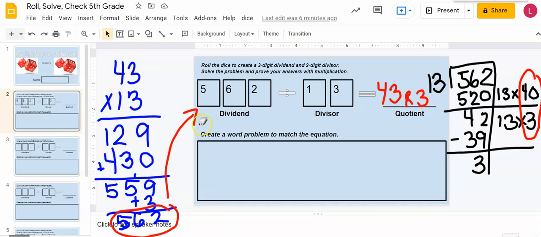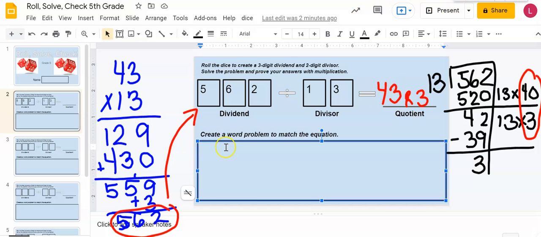So now we're going to create a word problem. There were 562 flowers for a wedding. There were 13 tables.